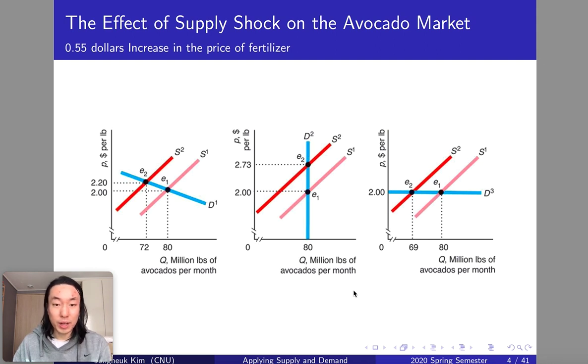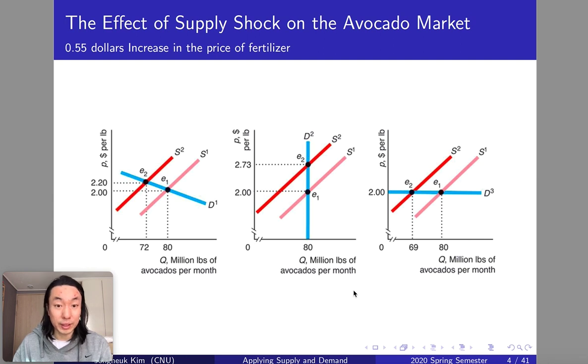Okay, so now we can compare all three. I think the left-hand side is the most normal case because the demand curve is decreasing and the supply curve is increasing. We can see this type of market in most commodities. Since supply is decreased, the equilibrium quantity is decreased and the equilibrium price level will be increased.